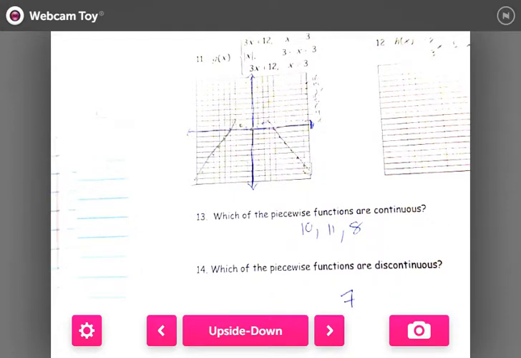Oh! No, you don't. Oh my God. Which one's the blank? 9 and 12.